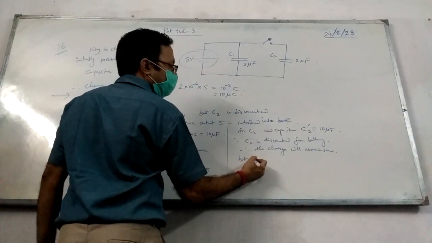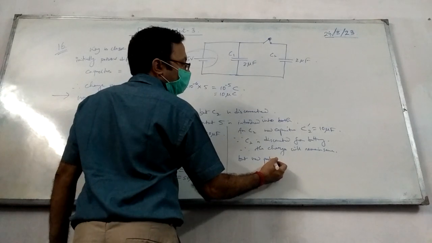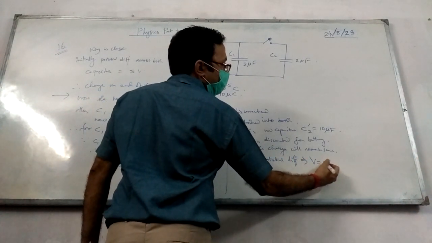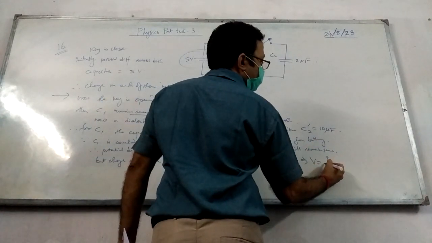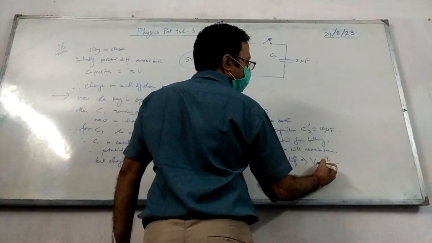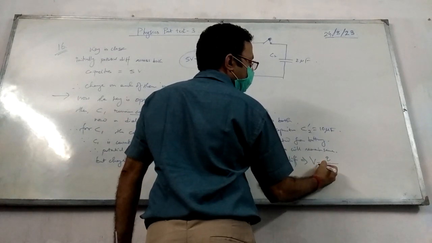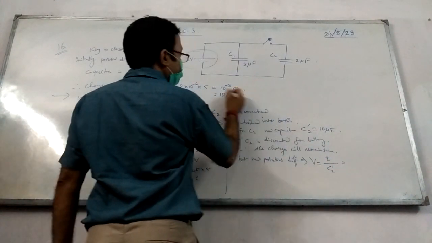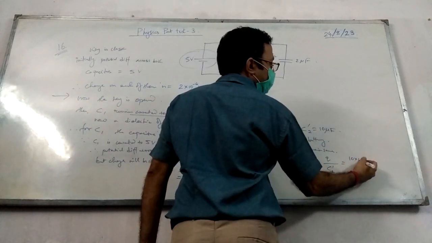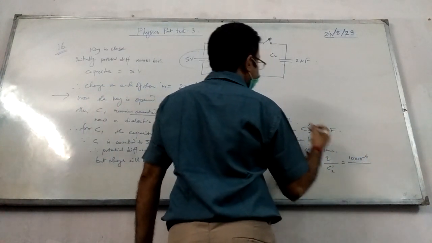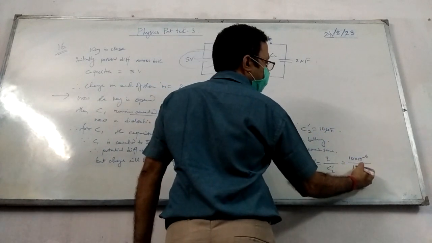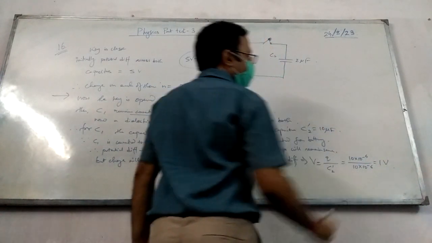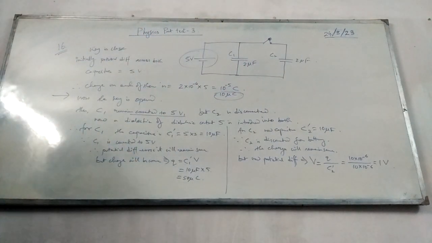But the new potential difference V will be equal to Q by C2 dash. Q was earlier 10 microcoulomb, so 10 into 10 to the power minus 6 by C2 dash, which is 10 microfarad, 10 to the power minus 6. That is 1 volt. So the new potential difference across C2 will be 1 volt.